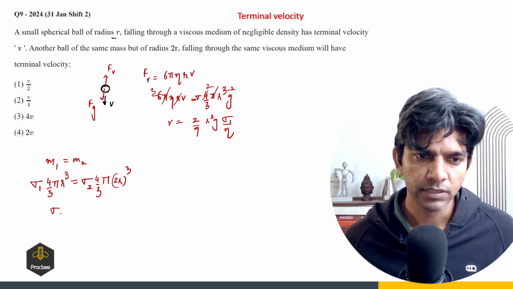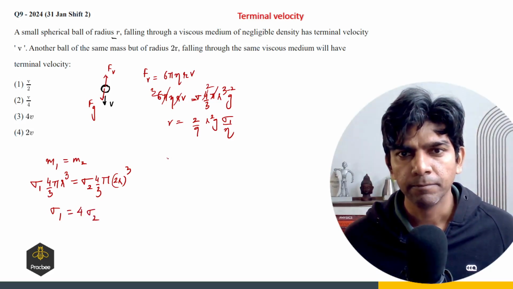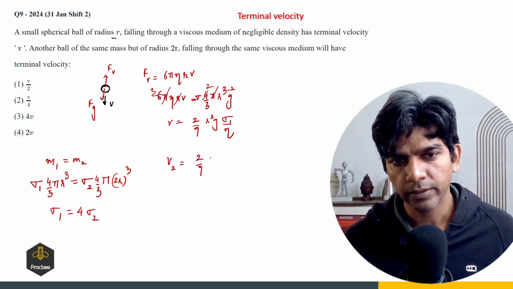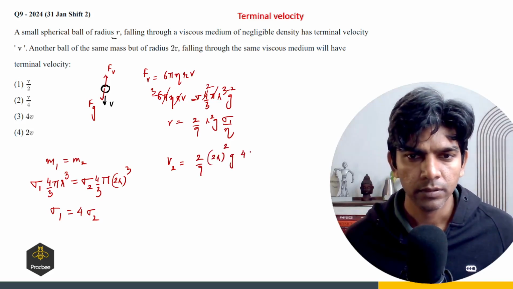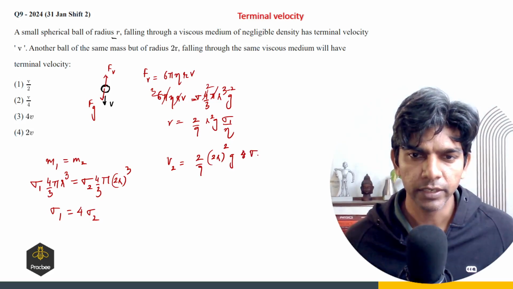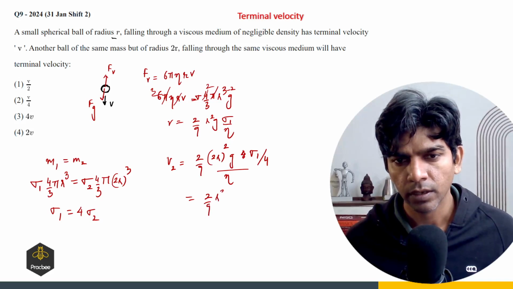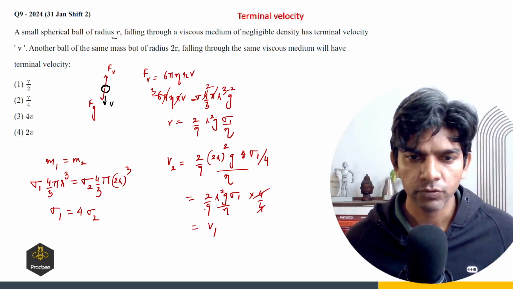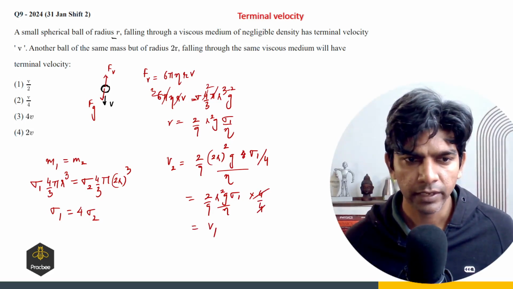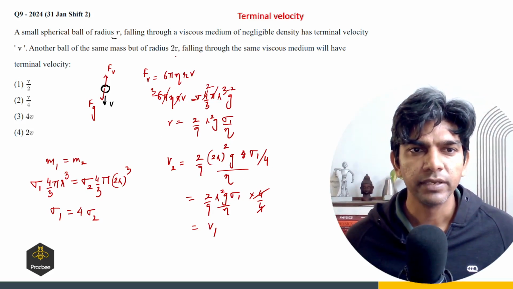Now from this, sigma 1 will be 4 times sigma 2. So we can say v2 will be 2 by 9 times 2r square g, with sigma 2 being sigma 1 by 4, by eta. So this will be 2 by 9 r square g sigma 1 by eta times 4 by 4, which is nothing but v1. So there will be no change. Same mass, right?